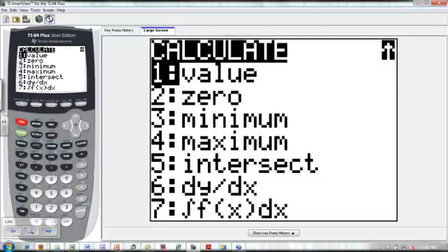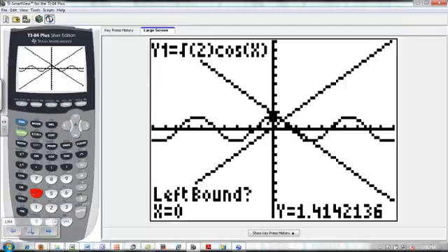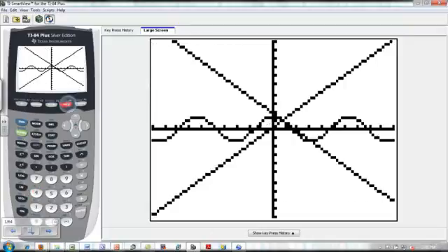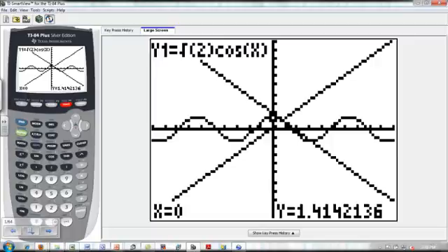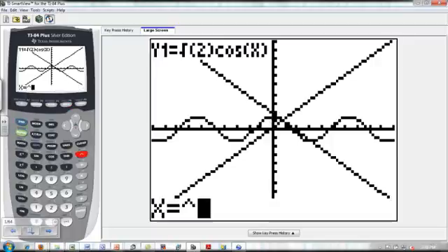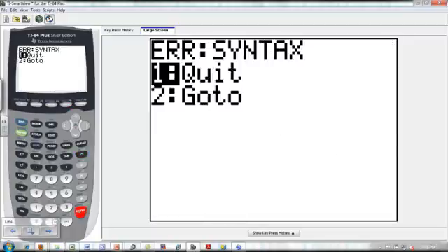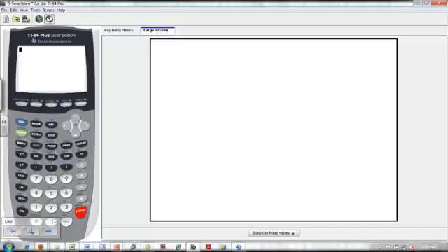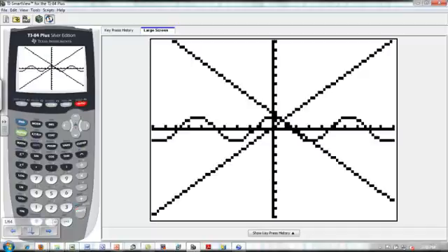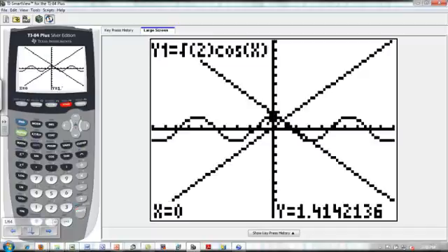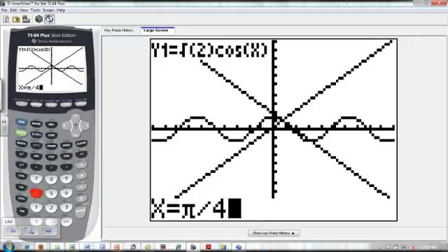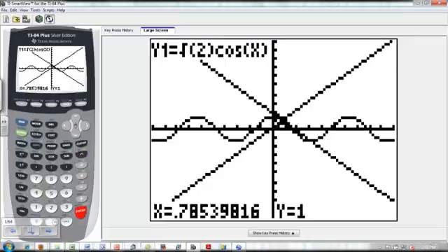Trace, second, pi over 4. Oops, I did the wrong thing, didn't I? Trace, second, pi over 4. It's 1 there.